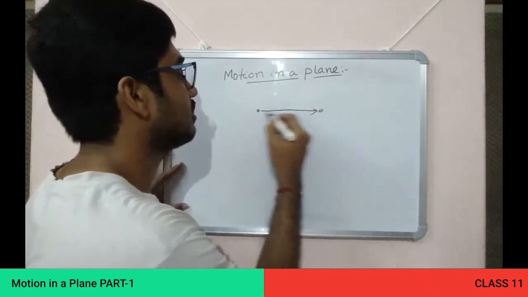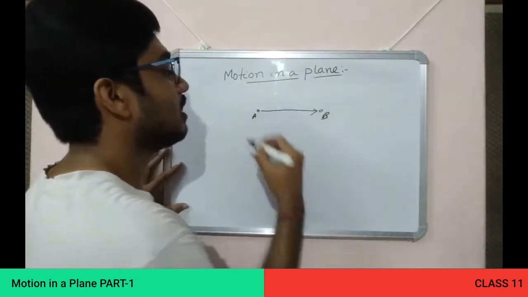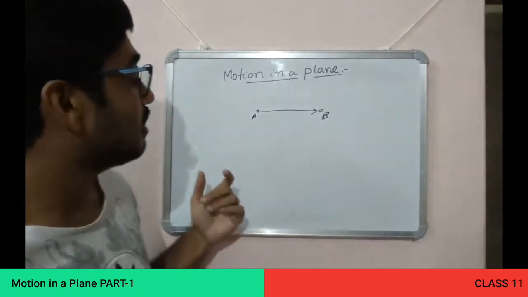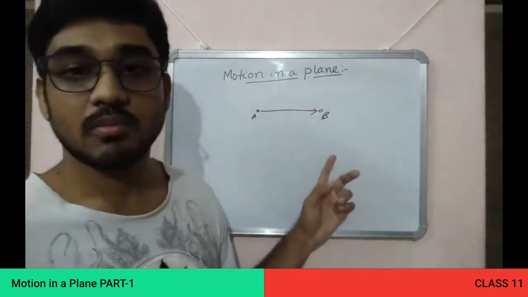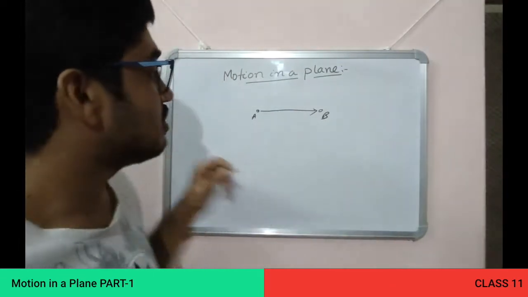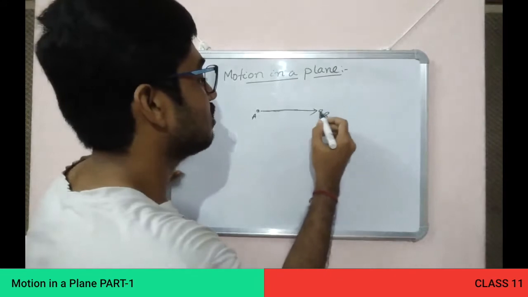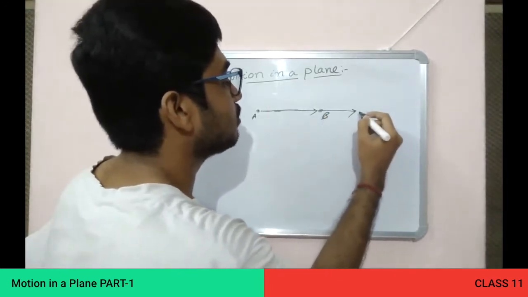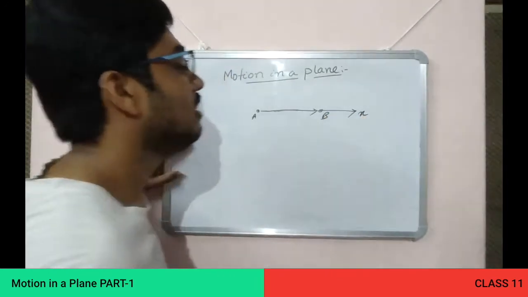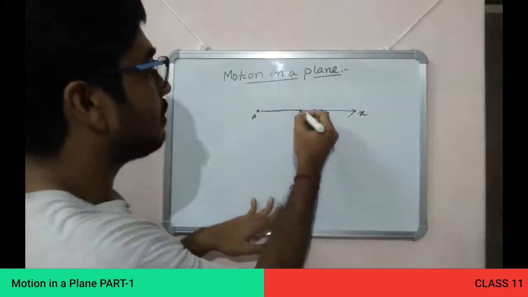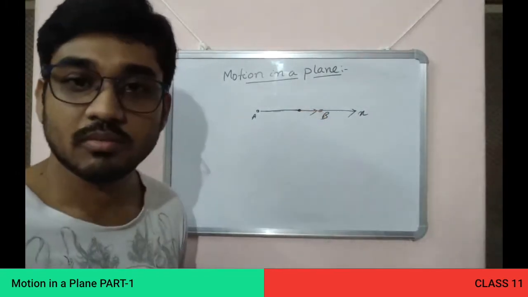There, if you use the graphical concept, we use one single coordinate along the x-axis. Suppose this is the x-axis. There is no other axis to describe the position of the particle.